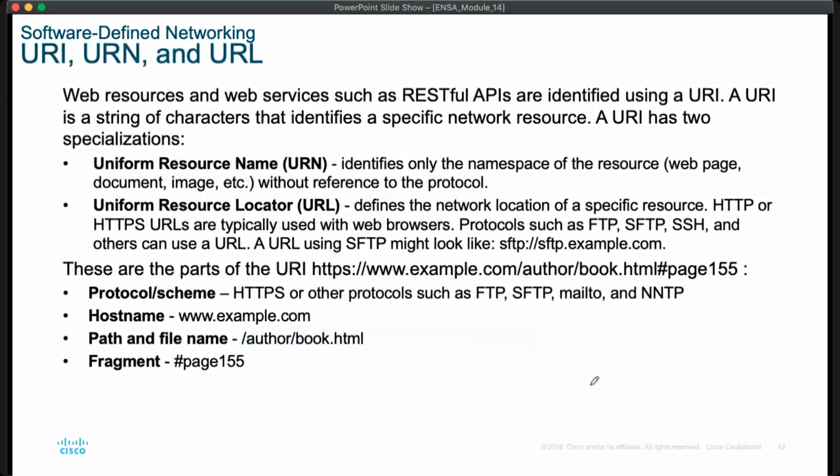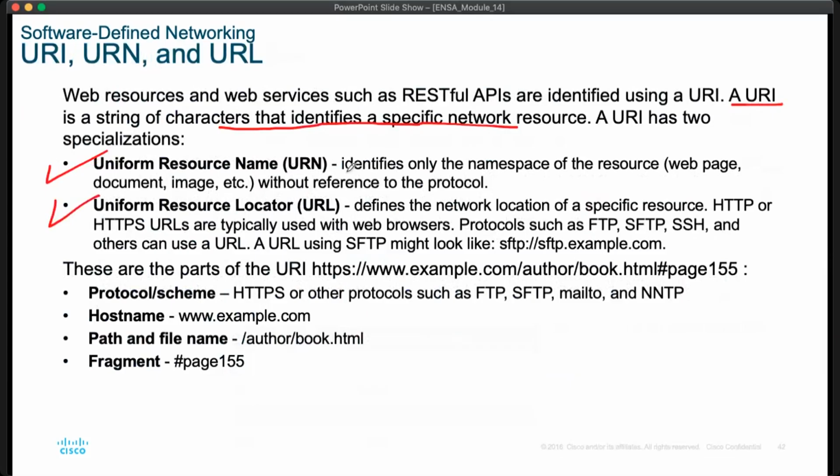URI, URN, and URL. Web resources and web services such as RESTful APIs are identified using URIs. A URI is a string of characters that identifies a specific network resource. URI has two specializations, URN and URL. URN means Uniform Resource Name, and URL stands for Uniform Resource Locator.